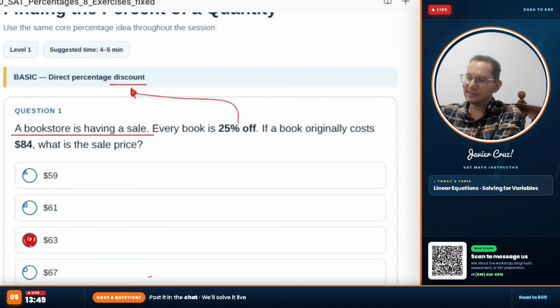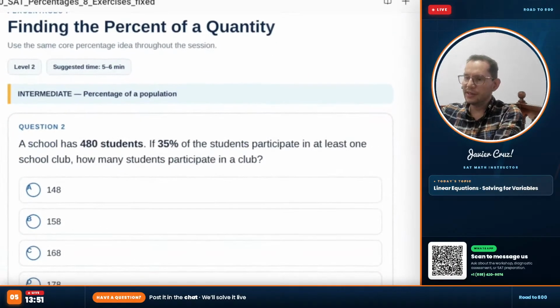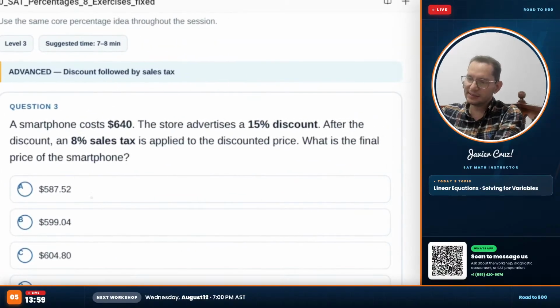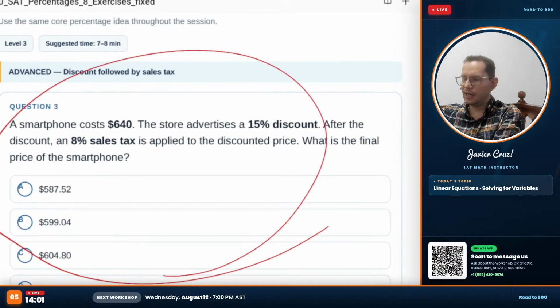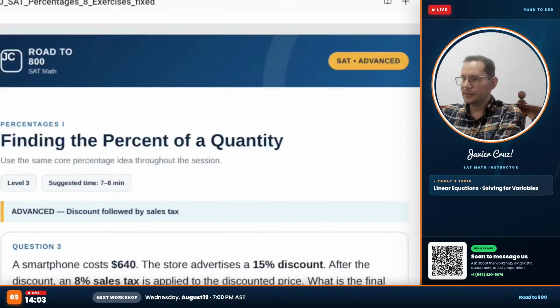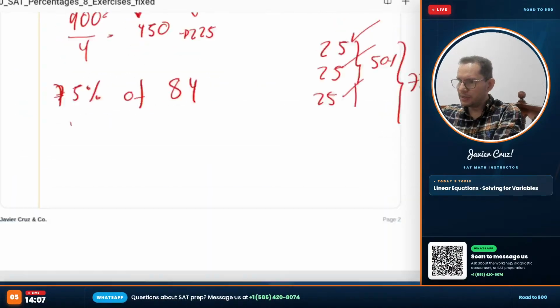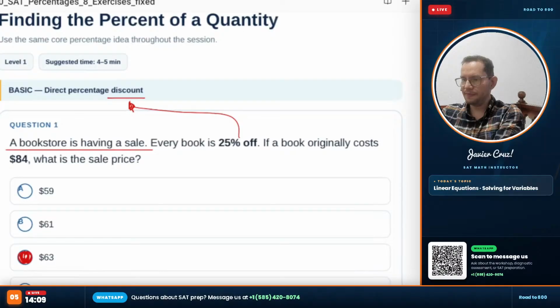We are gonna study more levels here. Another problem is an intermediate problem in SAT, and this one is an advanced problem in percentages, right? So we are gonna study the first problem here.